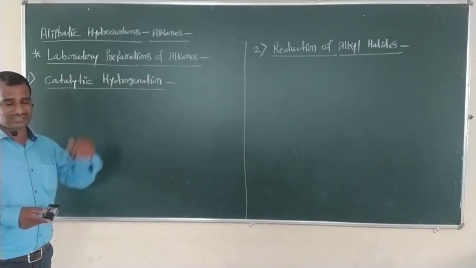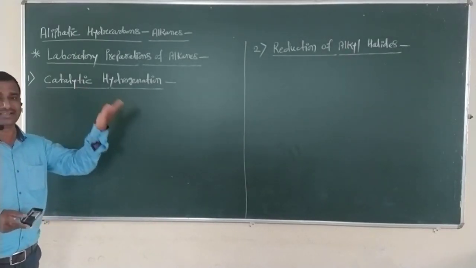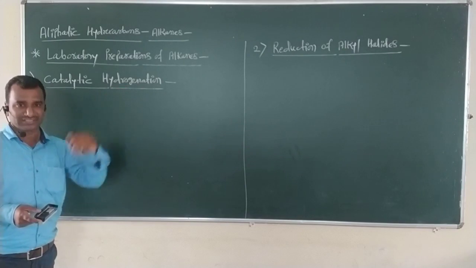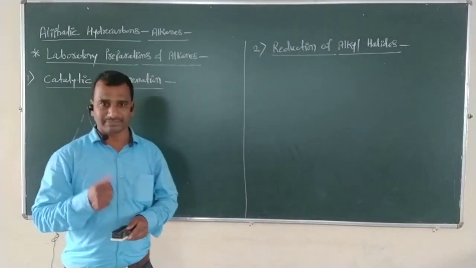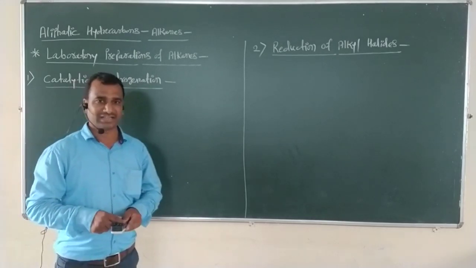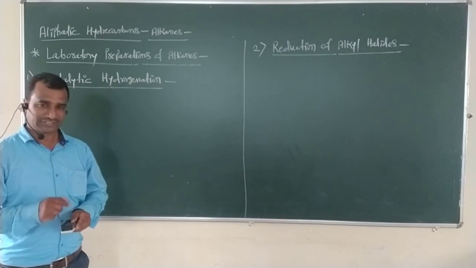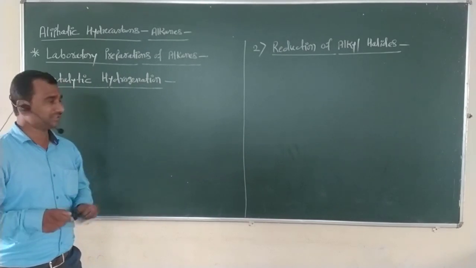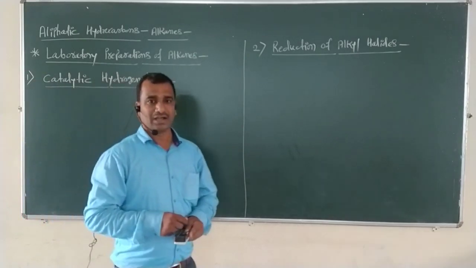Now the heading of this method involves two words. One is catalytic, which stands for catalyst, and the second is hydrogenation. We know very well that a catalyst is a chemical compound which can alter the rate of a chemical reaction. The second word is hydrogenation.